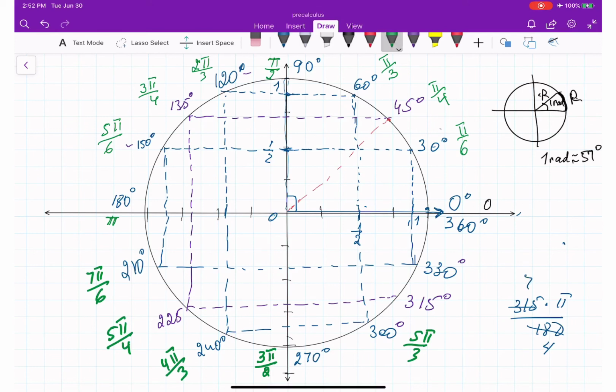So we get here 7 pi over 4. 330, let me clean this. 330 degrees will be 11 pi over 6.